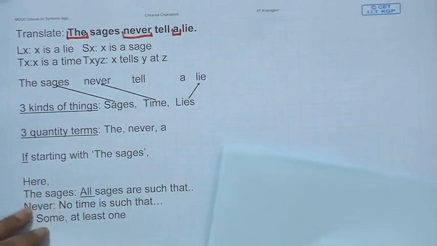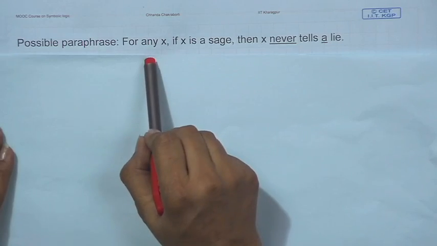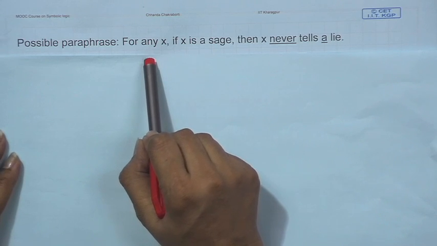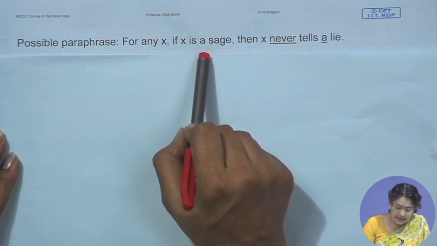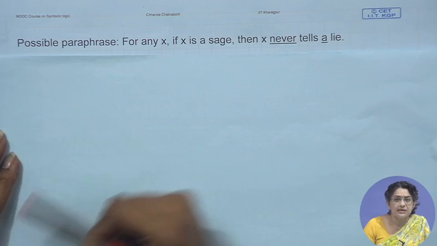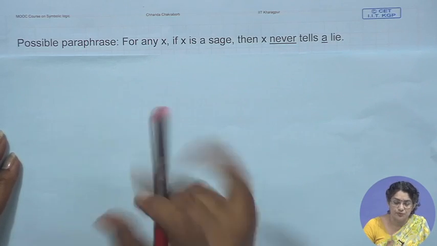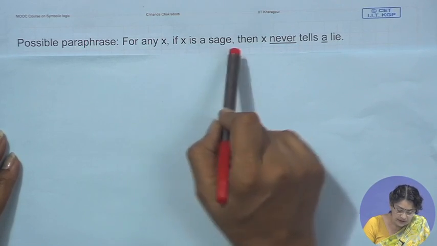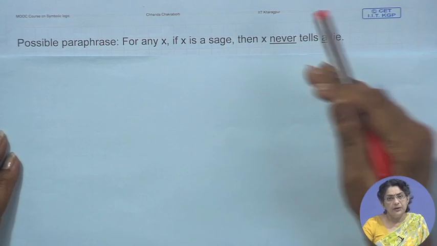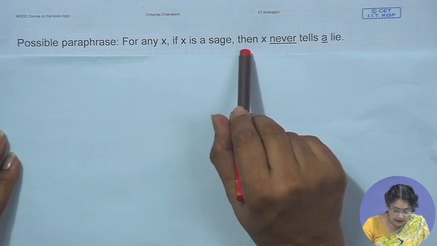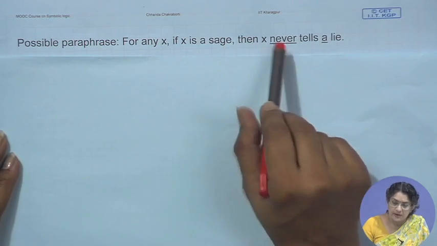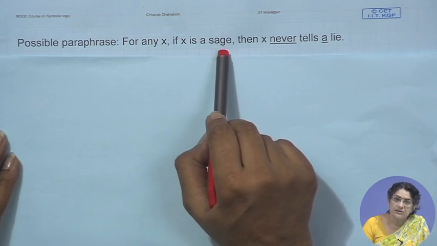Let us work with the paraphrase, because that is where we are going to spend some time. So, we are starting with, for any x or for every x, if x is a sage, then x never tells a lie. That is the first thing to do. So, we have fixed the subject term, and then the remaining predication we have put together. Now, let us break this part, keeping this part constant.